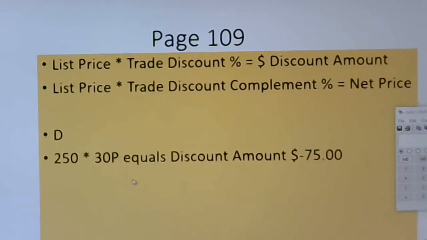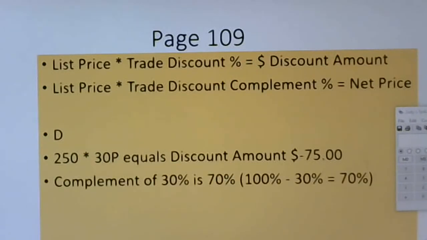So part D, $250 is the list price. You're saving 30%. So list price times 30% gives you the discount amount. You're going to save $75. That's the first, second, third, fourth column. That's what we just did.